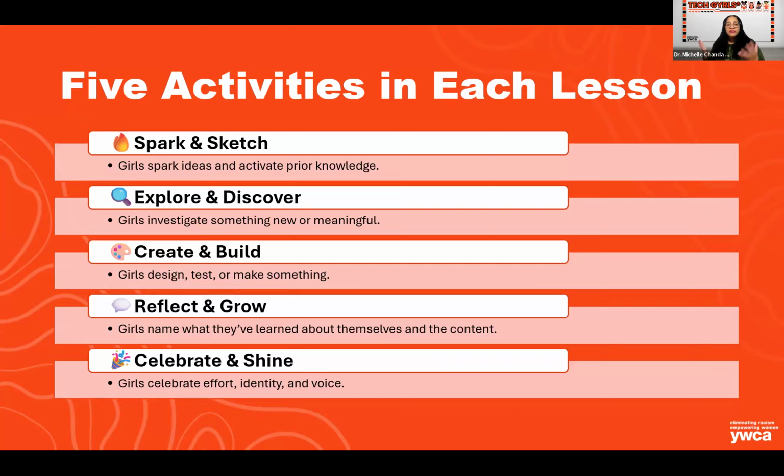And then they are reflecting and growing, where they're naming what they've learned and how they have progressed and see themselves progressing with the content. And then they get to celebrate, because we always forget to celebrate even the small things, and they get to do that in community. Okay, and so those are the 5 movements, the 5 parts of that rhythm.